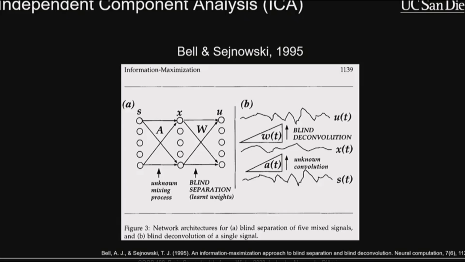So if you have microphone A that is recording a lot of speaker A and a little bit of all the other speakers, and then you have microphone B, which is recording most of speaker B, but some of all the other speakers, what ICA is going to do is really minimize the contribution from all the other speakers in microphone A, and in microphone B, it's going to minimize the information from all the other speakers. And essentially all it's doing is learning this matrix that minimizes the mutual information across all sensors. And the way that they talk about it in Infomax is they end up maximizing the entropy, which is the same as minimizing mutual information.